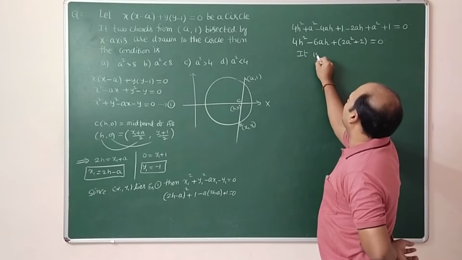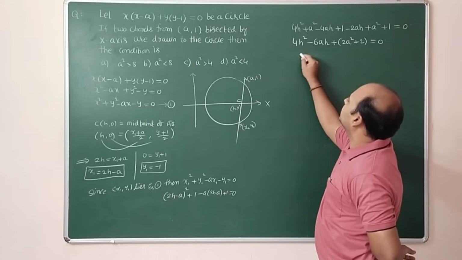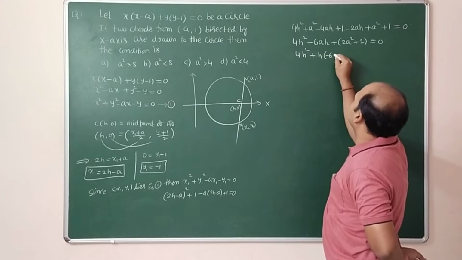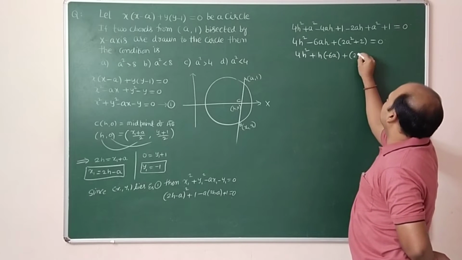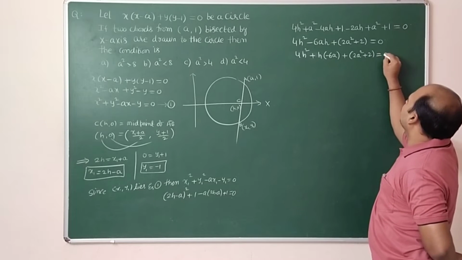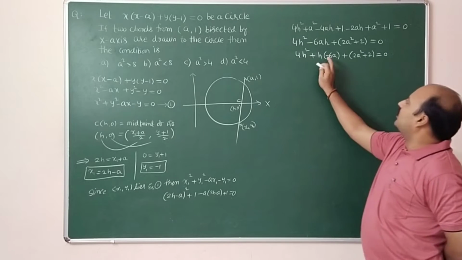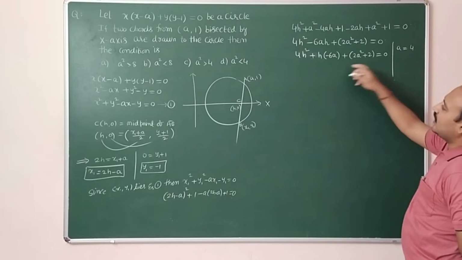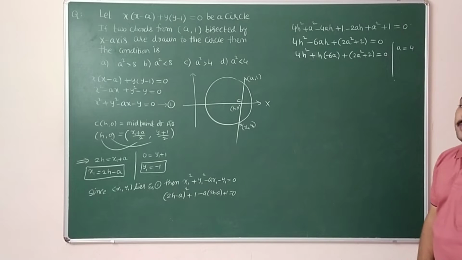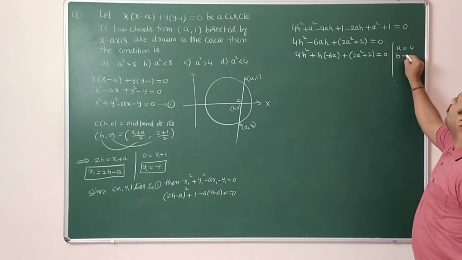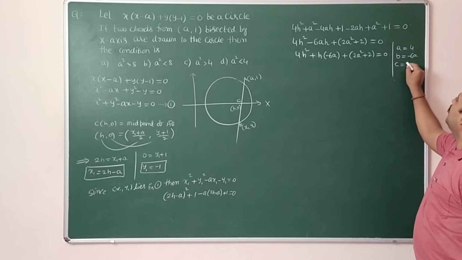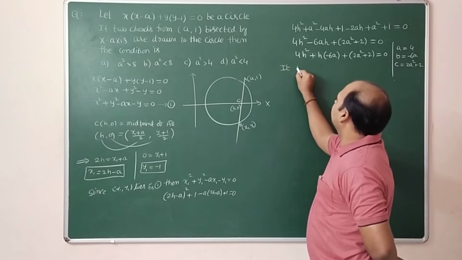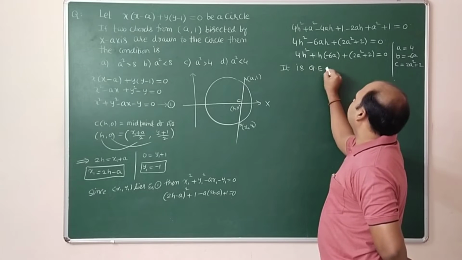We can write it like this, easy to understand: 4 into h square plus h into minus 6a plus 2a square plus 2 equal to 0. This I am comparing with ax square plus bx plus c, where a is equal to 4, b equal to minus 6a and c is equal to 2a square plus 2. It is a quadratic equation in h.